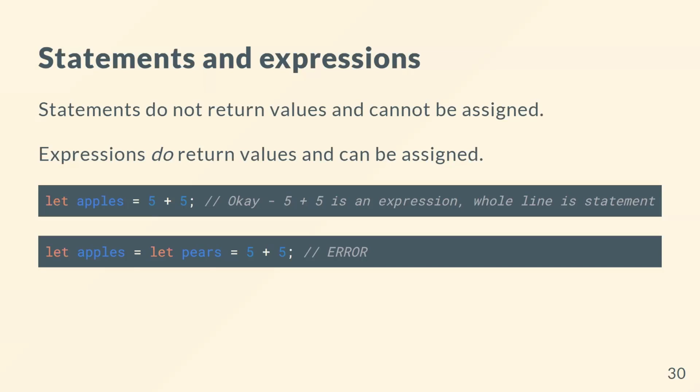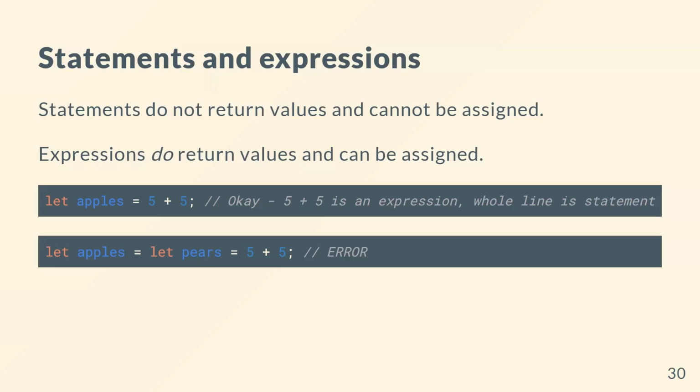So in this case, I've written let apples equal 5 plus 5, semicolon. 5 plus 5 on its own is an expression, whereas that whole line that ends in the semicolon is a let statement, which means I couldn't write, for example, let apples equal let pears equal 5 plus 5, because let pears equal 5 plus 5 is a statement and doesn't return anything.